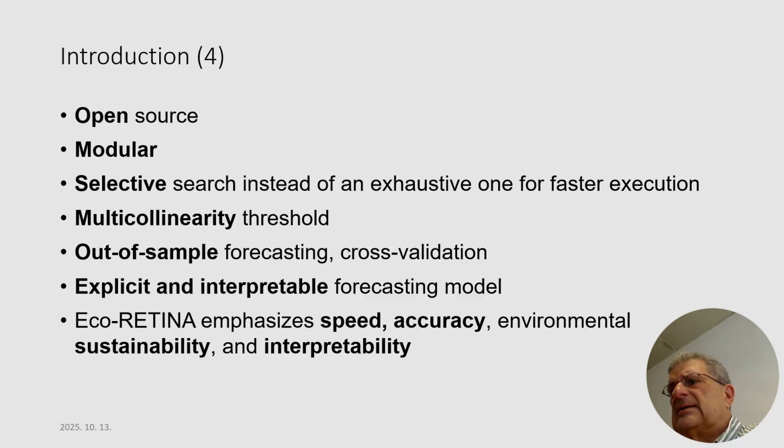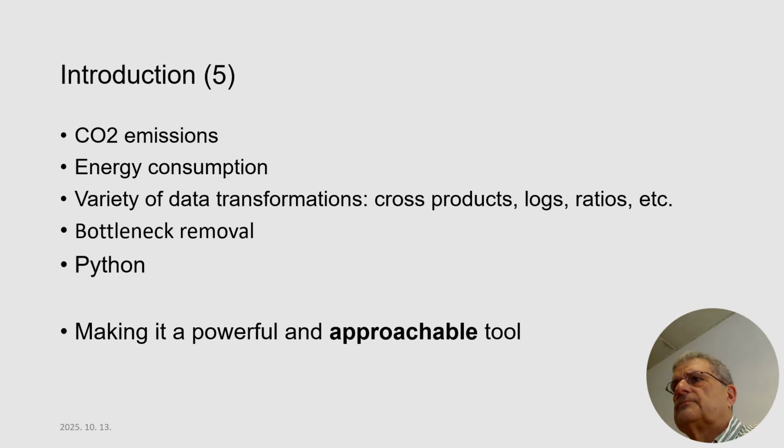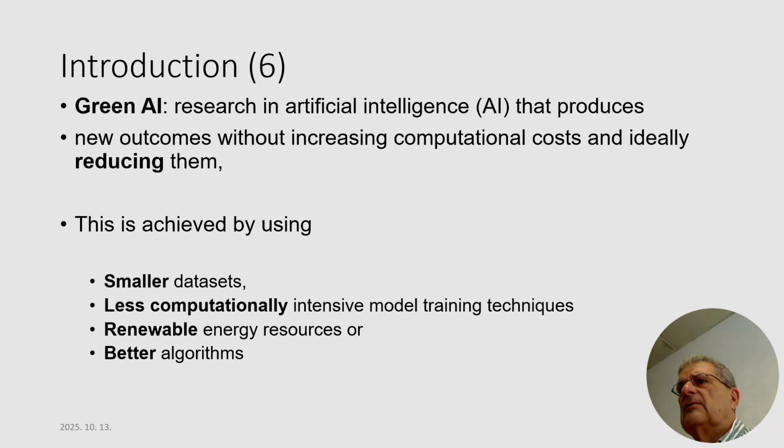It gives an explicit and interpretable forecasting model, and it emphasizes speed, accuracy, environmental sustainability, and interpretability. It worries about CO2 emissions and energy consumption, and it is centered on bottleneck removal.